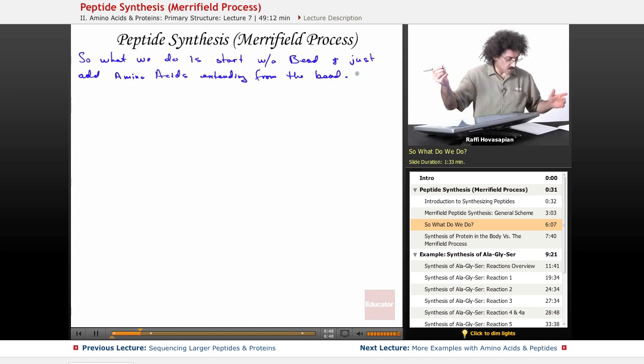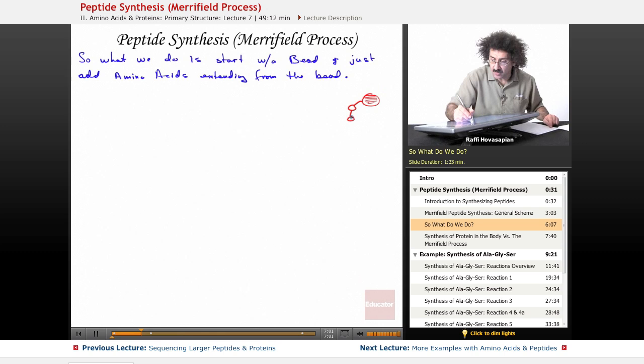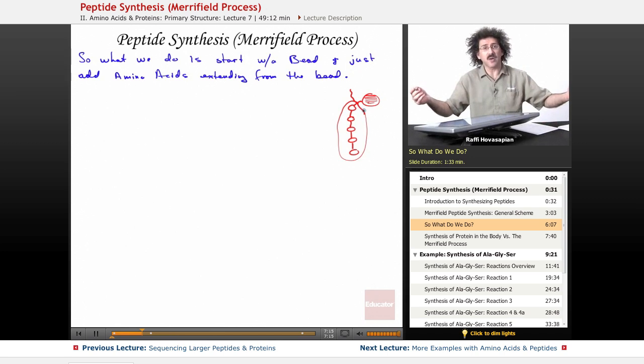That's it. So basically, we have some bead like that. Well, we add an amino acid, that's one. And then we add another amino acid, and another, and another, and we go as long as we want, and we know what sequence we're going in because it's the sequence of our choosing. When we're done, we break that bond. There we go. We have the protein that we wanted. And because we're actually just adding one at a time, we can always keep track of this because it's insoluble. We see it, we know exactly where it is, and it's very, very easy to deal with.